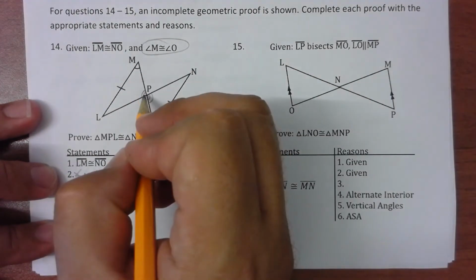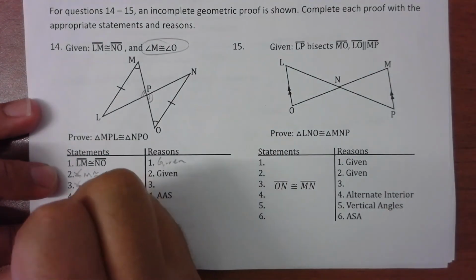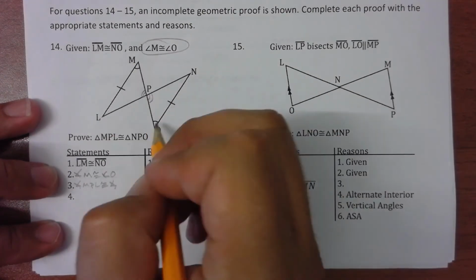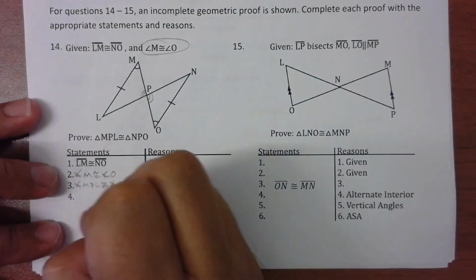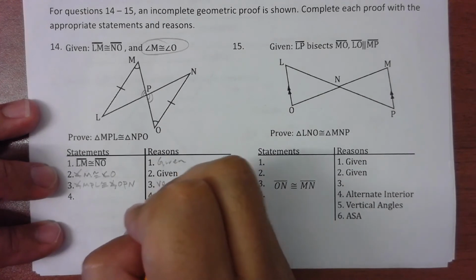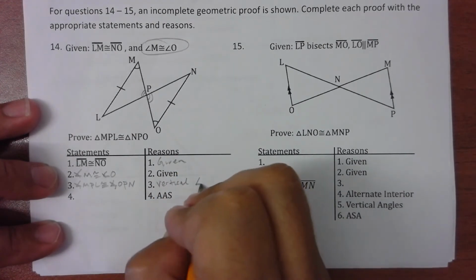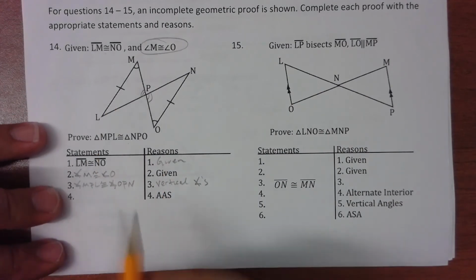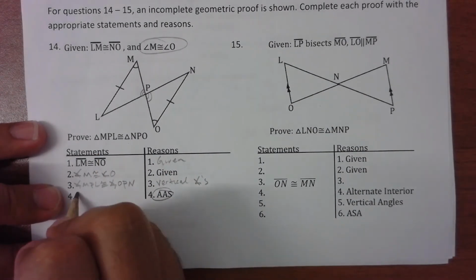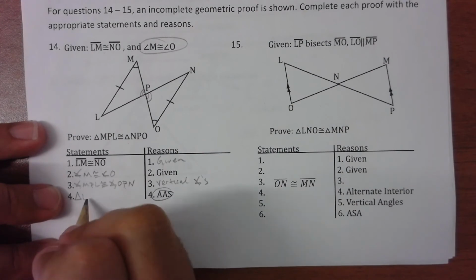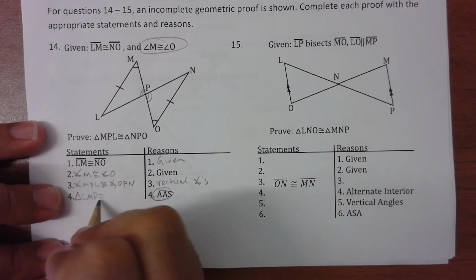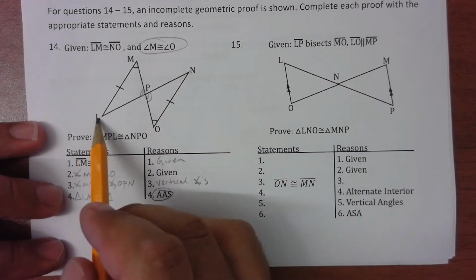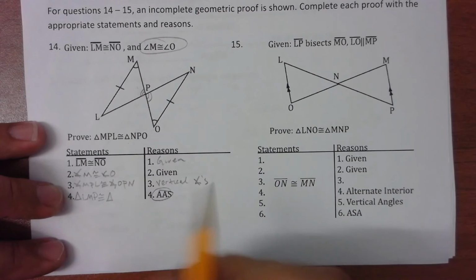So angle MPL is congruent to angle OPN. How? They're vertical angles. And now that's a triangle congruent. So triangle LMP is congruent to triangle NOP. First one doesn't matter, second one must match.